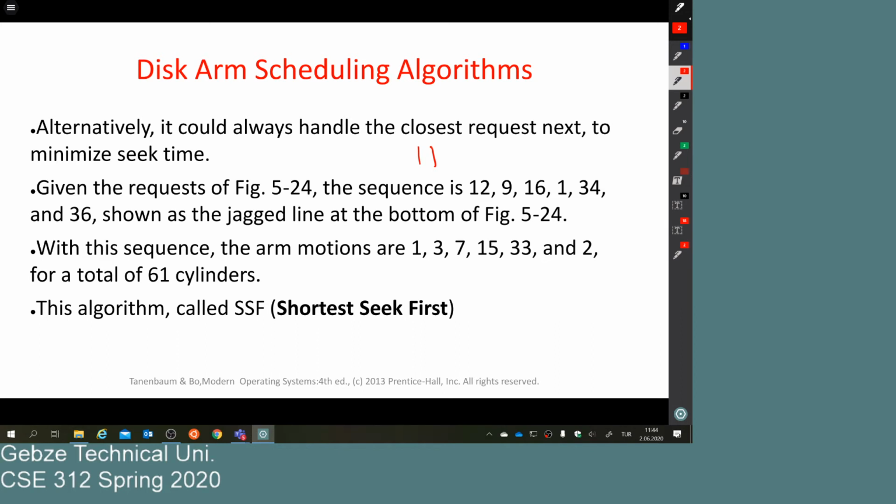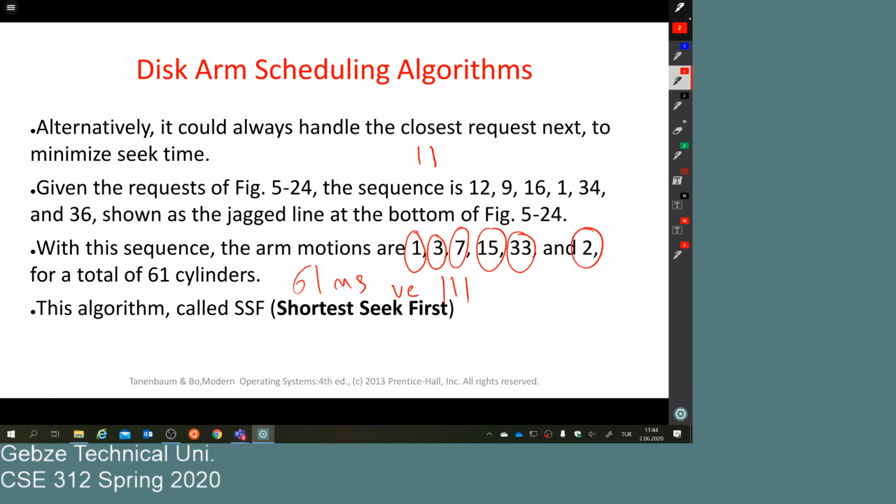If I do this, from 11 to 12, I need to move 1 cylinder. 12 to 9 is 3. 9 to 16 is 7. 16 to 1 is 15. 1 to 34 is 33. And 34 to 36 is 2. The total is 61 milliseconds versus 111.